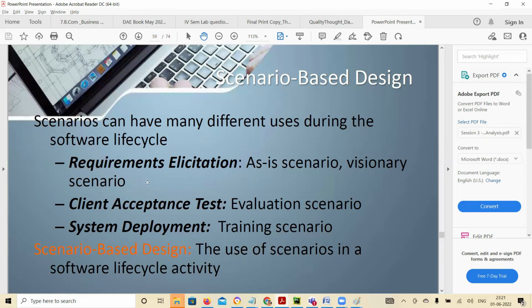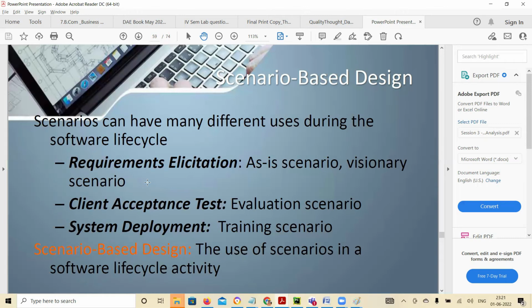What is client acceptance test? After completion of any project, they conduct the UAT. Right.